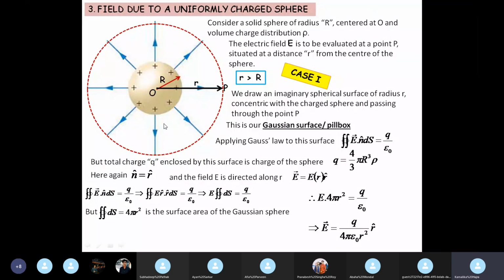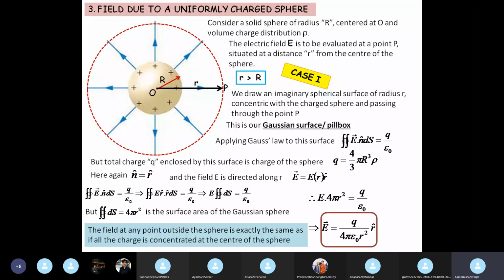So what we can say from this expression is that the field at any point outside the sphere is exactly the same as if all the charge is concentrated at the center of the sphere.